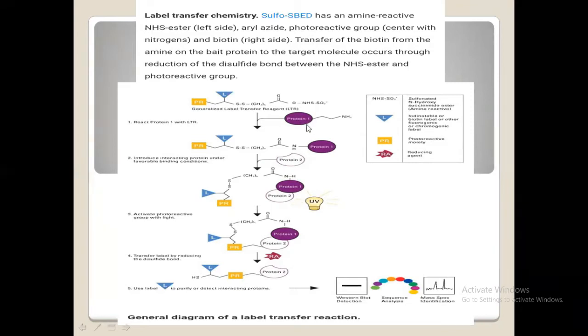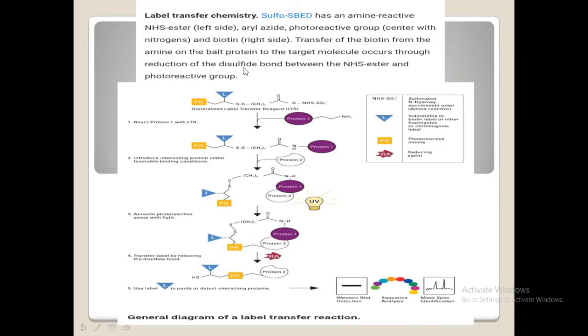Okay, so this is the reagent, the generalized label transfer reagent, LTR. That is actually having a sulfo-SBED, NHS ester, aryl azide. It is a photoreactive group, and biotin is there on the right side. Here, this structure is there on the right side.